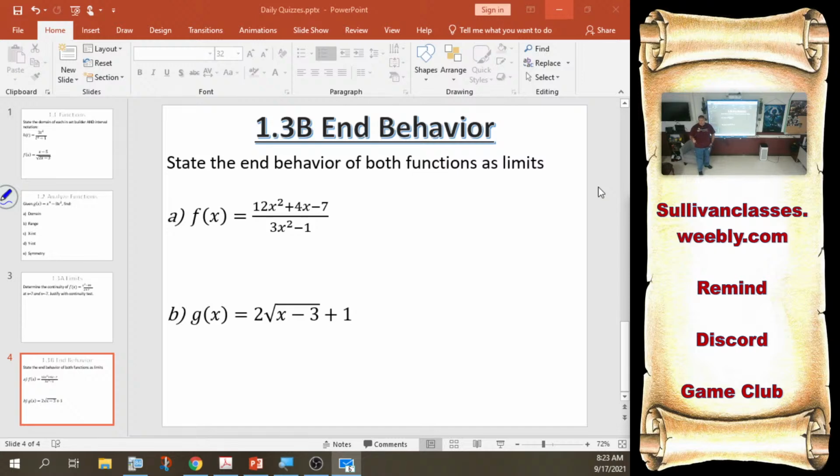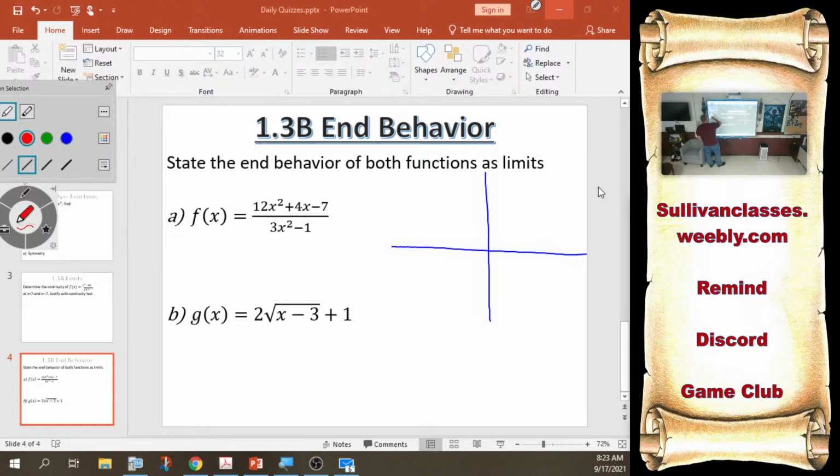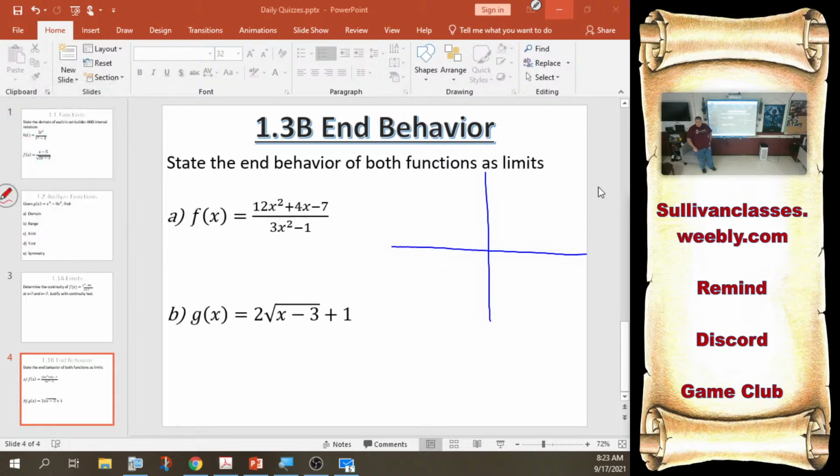Good. Okay. So the first one, boy, has it been a long time since we saw rational functions, and we didn't see them this ugly either. Or at least we didn't have to graph them yet.